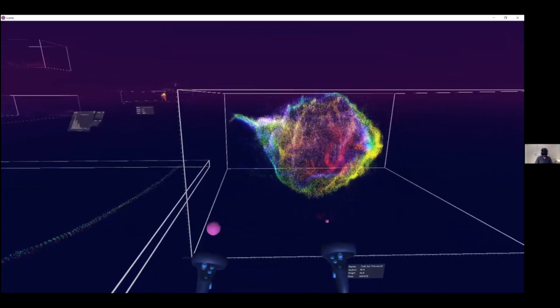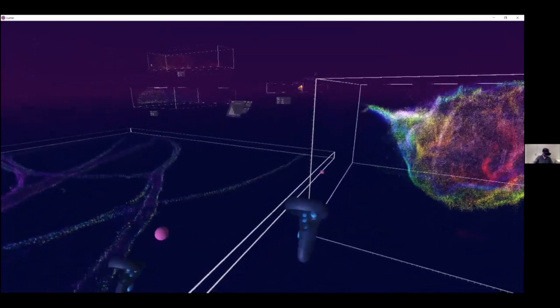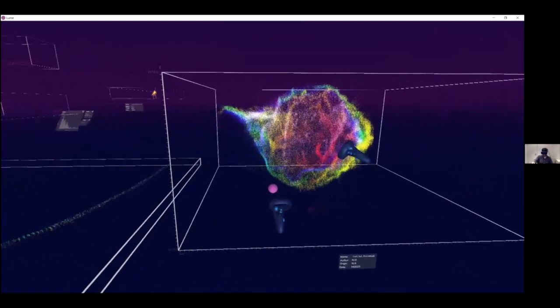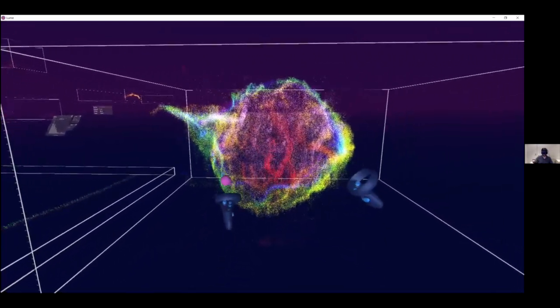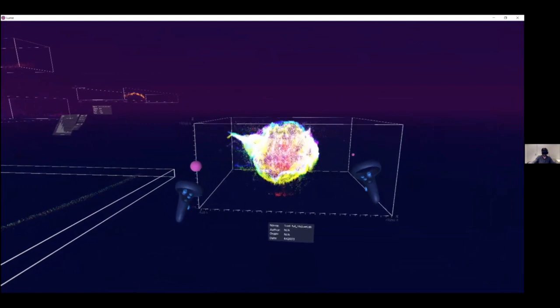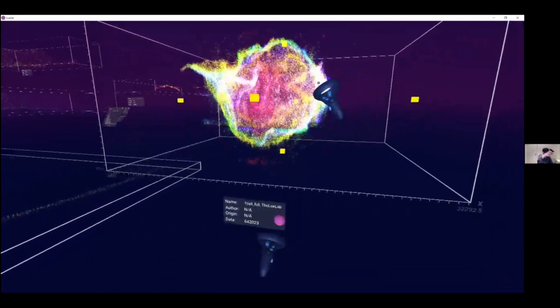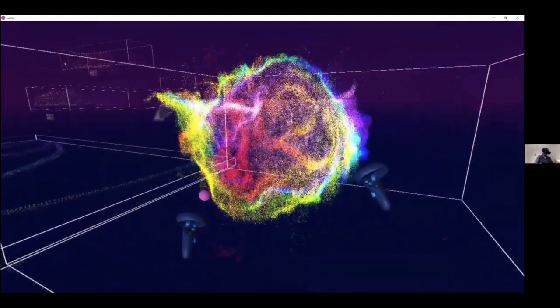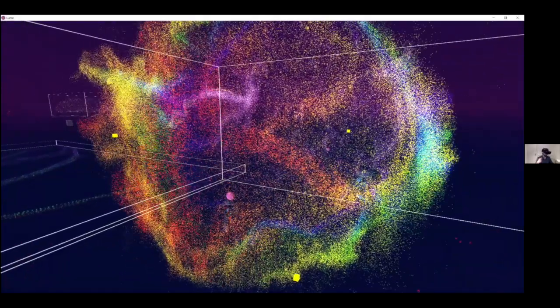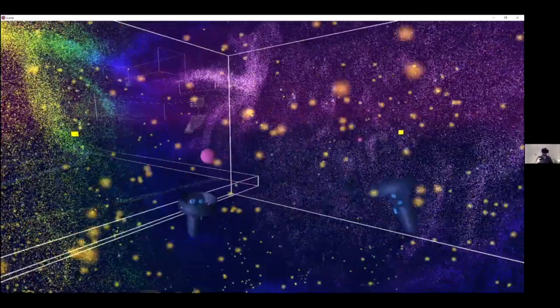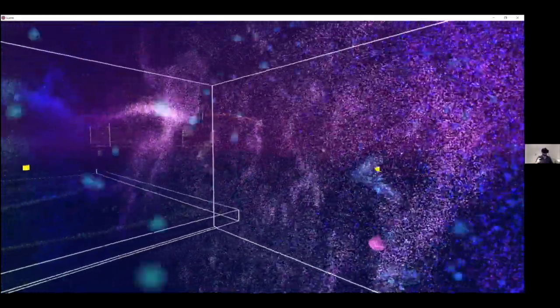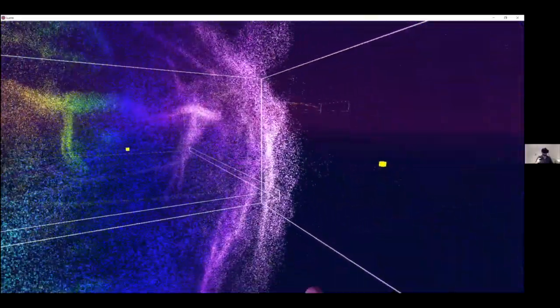So this is just to give you a bit of context. What we have here is the helper T cell that Steve's lab imaged. We can manipulate the data, move it around. We can also go inside it and see what's happening, the thickness of the membrane.